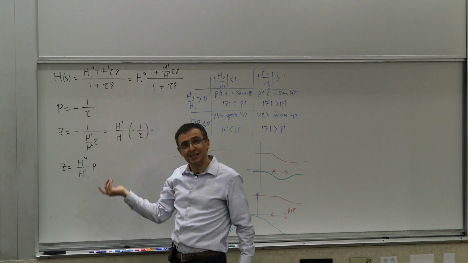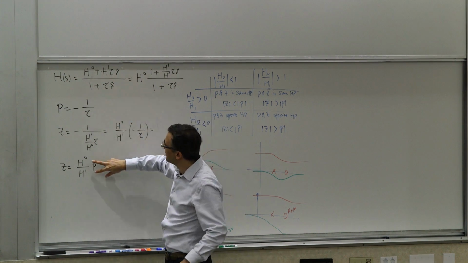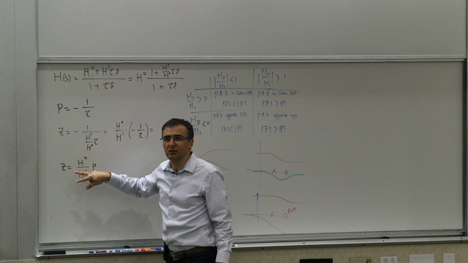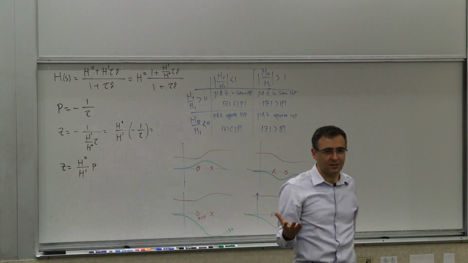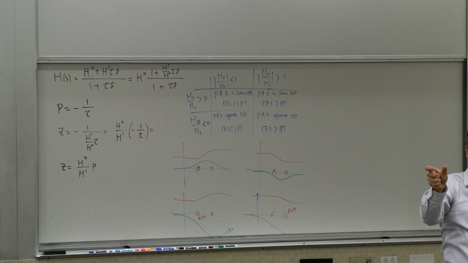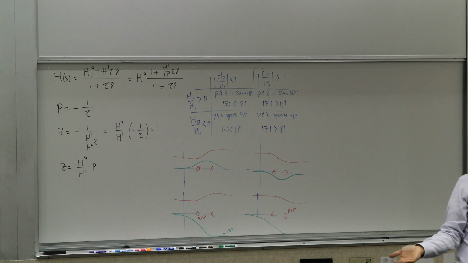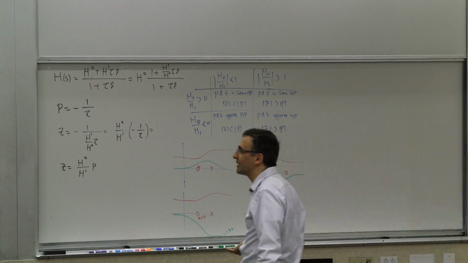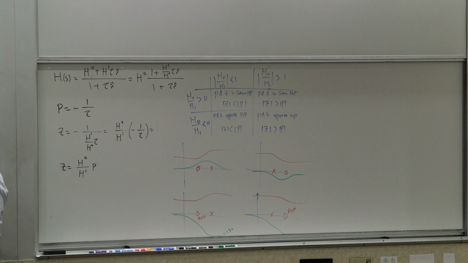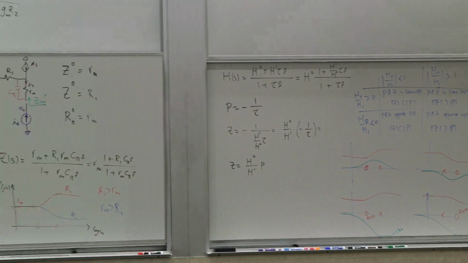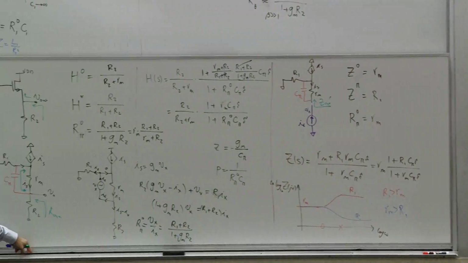Now, if you want to see where it is, you look at its polarity with respect to H0 when it was open circuited. If you have a capacitor that when you open circuit and short circuit, they have the same polarity of the transfer function, then you have a left half plane zero. Example was here, right?